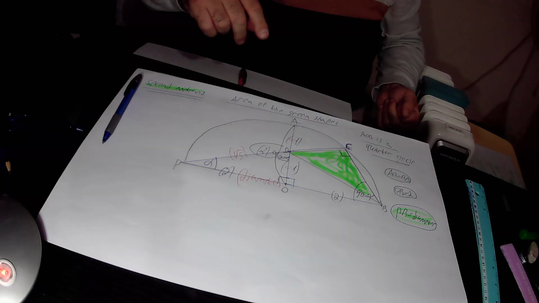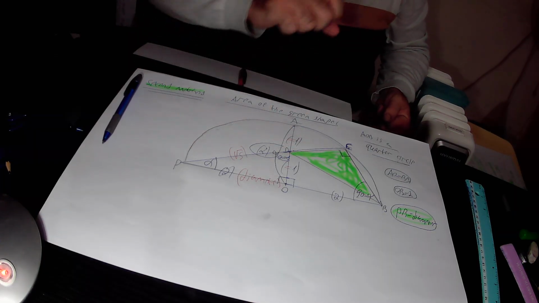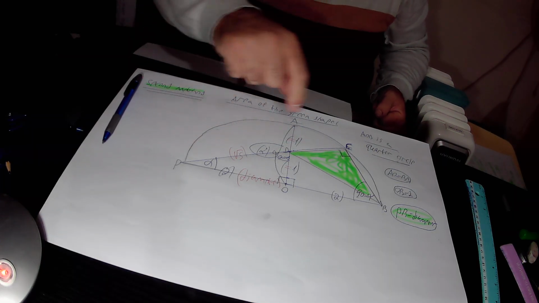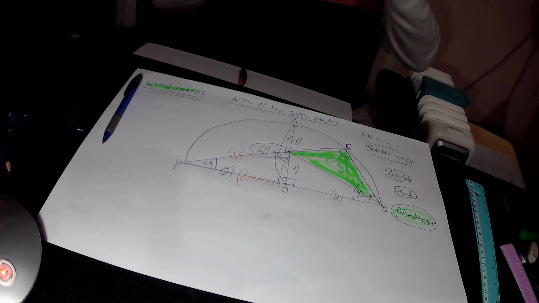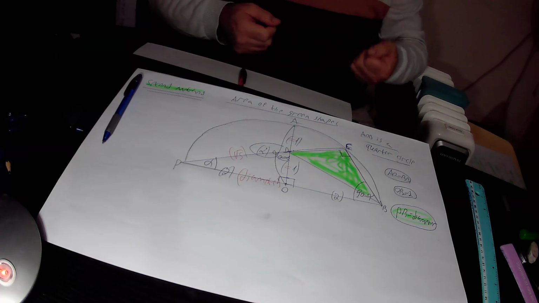So we prove that all the angles of this small right triangle PDO must be equal to all the angles of this big right triangle PCB. And therefore those two right triangles are similar to each other according to the angle similarity rule.